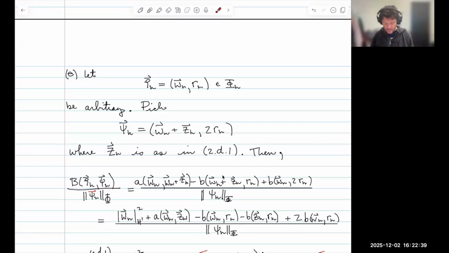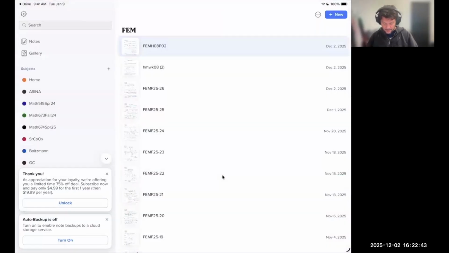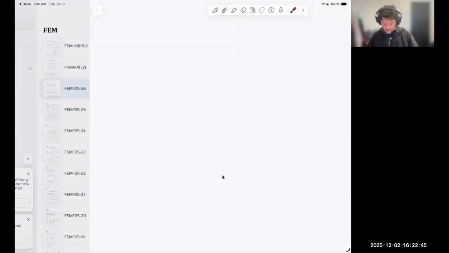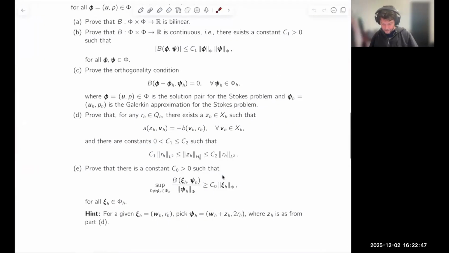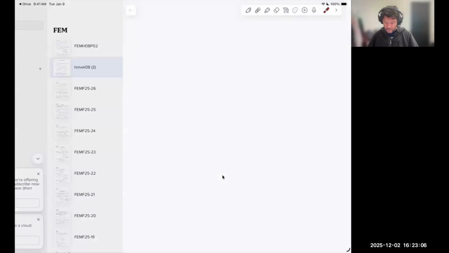No, let me go back and see what it was that we're trying to show here. Here we go. Not the L2 norm, but the phi norm of this guy here. So we're taking the supremum over the second variable, and we want to show that that's bigger than a constant times the norm of the first variable. That's where we're heading.